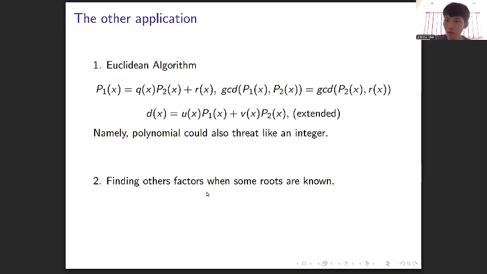For example, if you want to find all factors of a polynomial with degree 4 and you know two roots, you can simplify the degree 4 polynomial to a degree 2 polynomial, also by long division. So this is very convenient for finding all the possible factors of a polynomial.